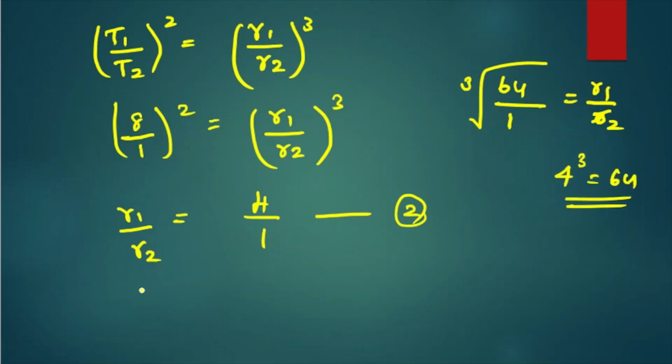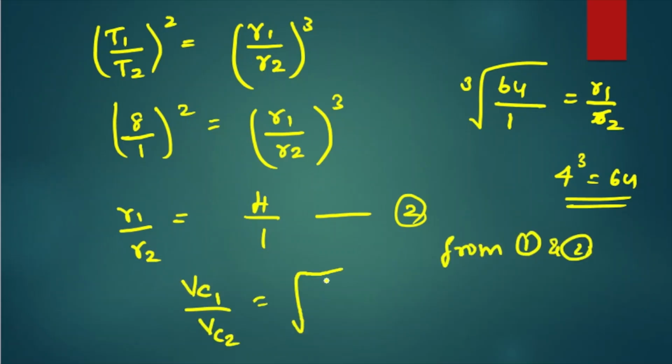Now from the first equation and second equation, what can you say? The first equation we got is VC1 by VC2 is equal to the square root of R2 by R1. And the second equation we got is R1 by R2 is equal to 4 by 1.